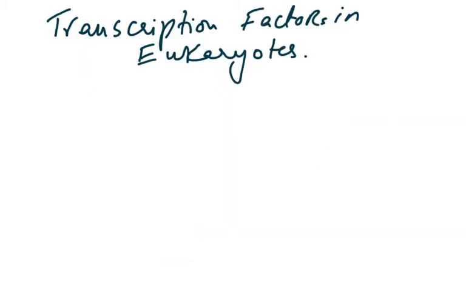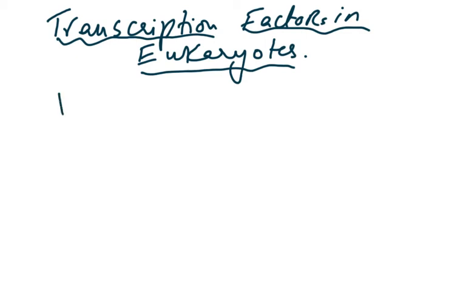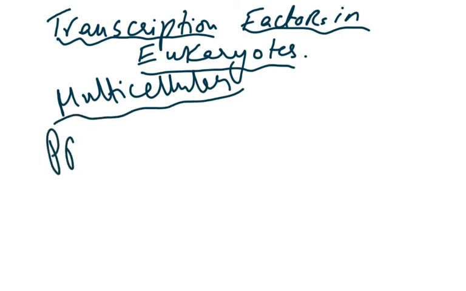The topic is transcription factors in eukaryotes. You see, eukaryotes are, most of them, not all of them, multicellular. So what we need to understand is that the proteins which are needed are needed for the normal functioning of each eukaryote.